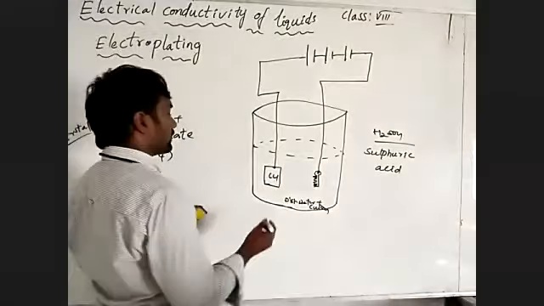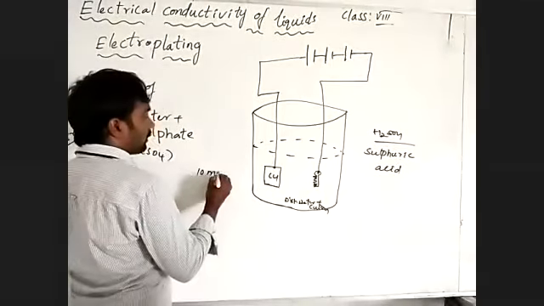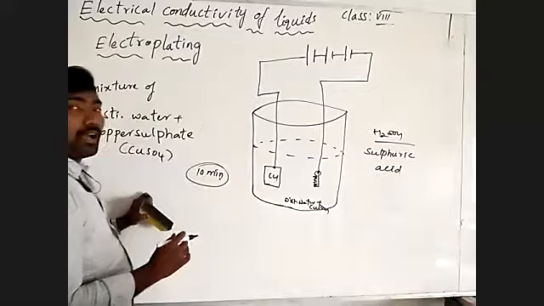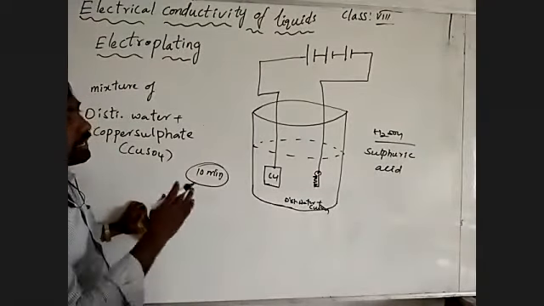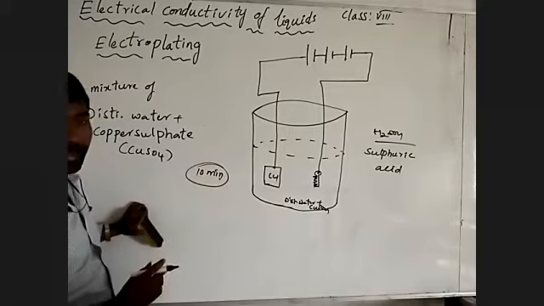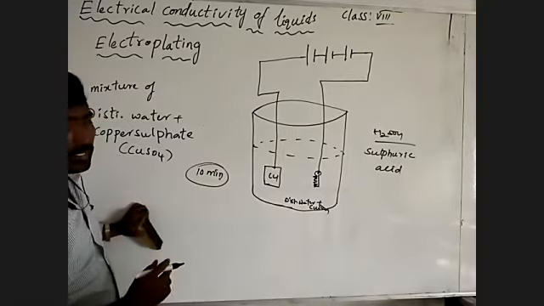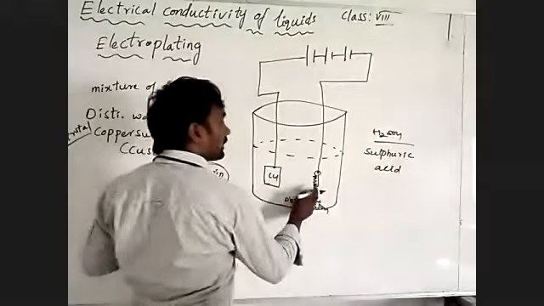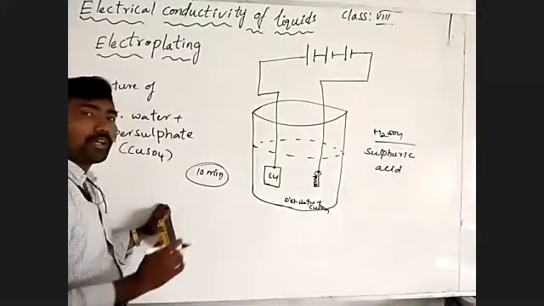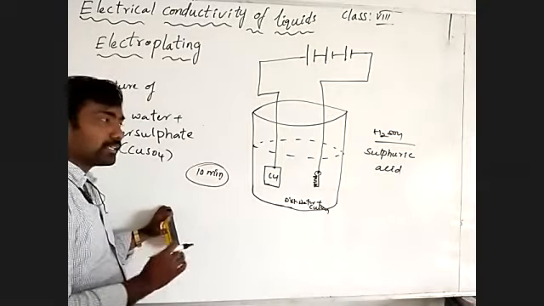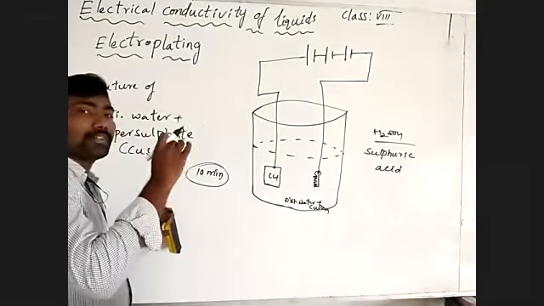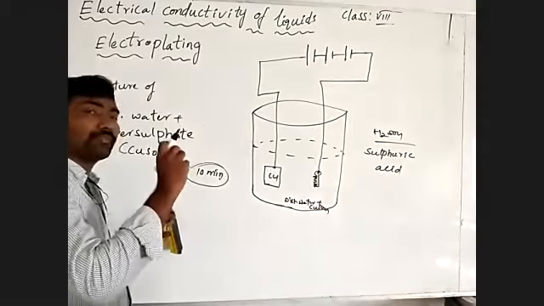After 10 minutes, after giving undisturbed position to the equipment, we take the iron key out of the mixture of copper sulfate and distilled water.